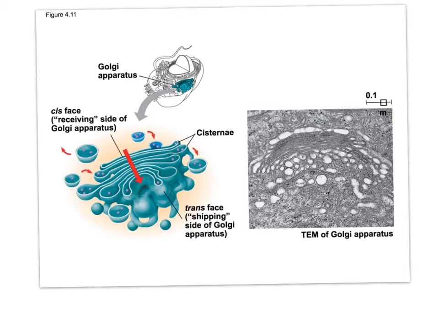The shipping side is now going to produce another vesicle and send it off to where it needs to go. Here's your receiving side, here's your shipping side, there's a transport vesicle with material X inside it. Everything the cell's going to transport in or out is going to go through the Golgi.